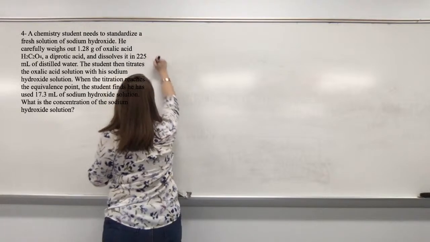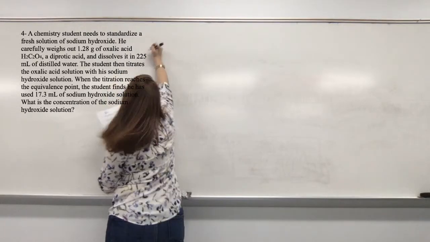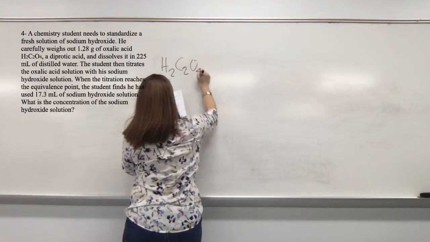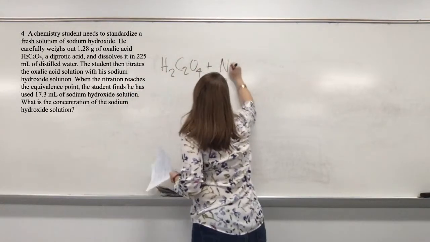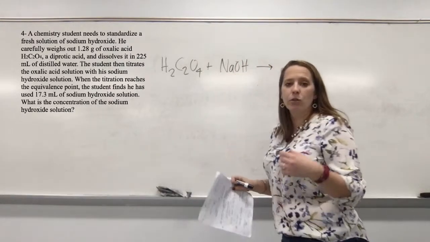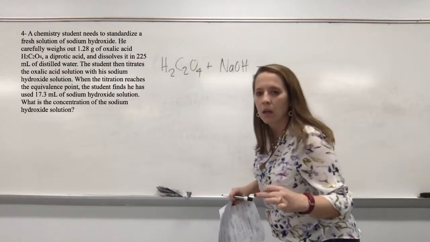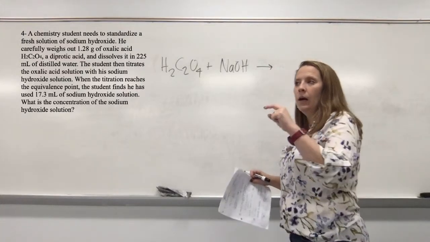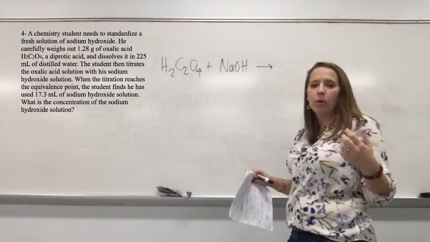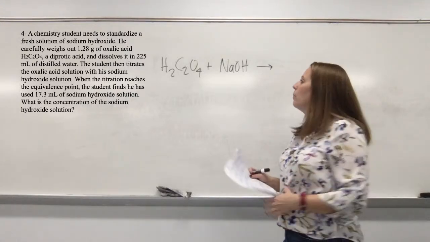So we have H2C2O4, and we know it is sodium hydroxide. If you remember back to the acids and bases video, diprotic basically means there are 2 protons that come off.